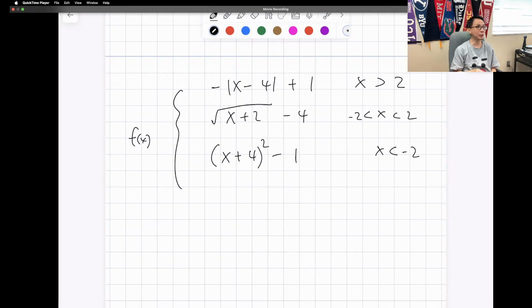And today I might give you a graph and ask you the equation. You gotta remember, follow the restrictions.